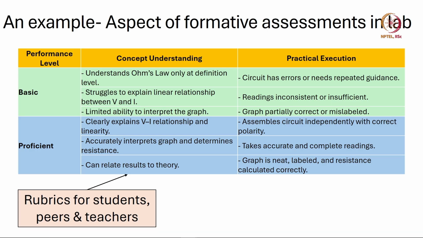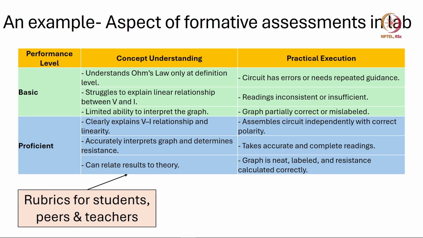Okay, so there can be two criteria. And if you are able to define what it means when the student has attained proficiency as far as conceptual understanding is concerned, or proficiency as far as practical execution is concerned, and what is the meaning of basic level and what is the meaning of proficiency level, all these definitions are clearly defined in these cells.